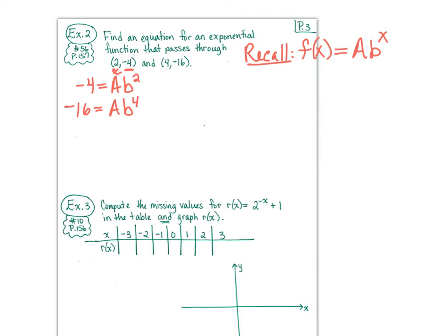What we want to do is find an equation for an exponential function that passes through those 2 points.